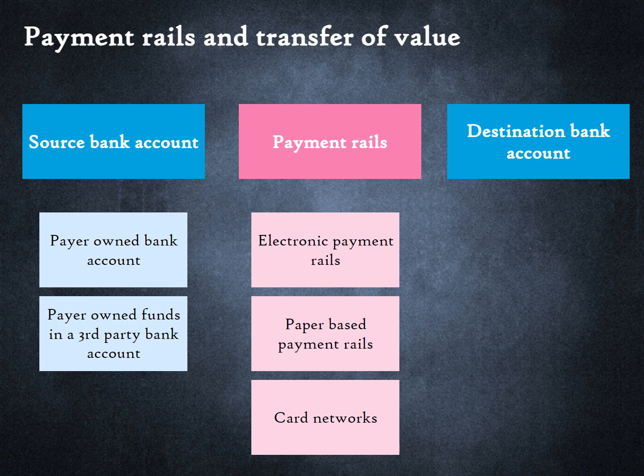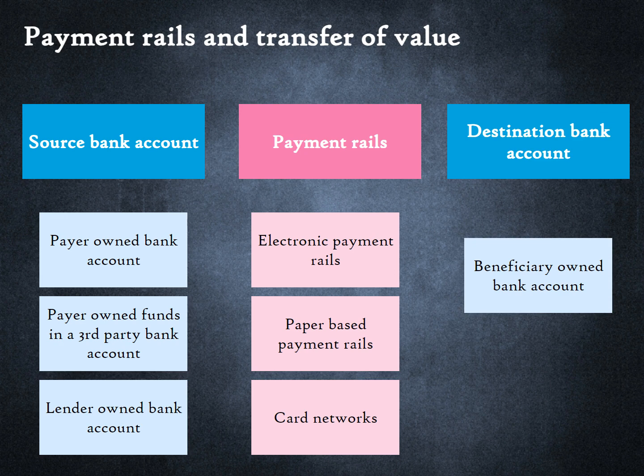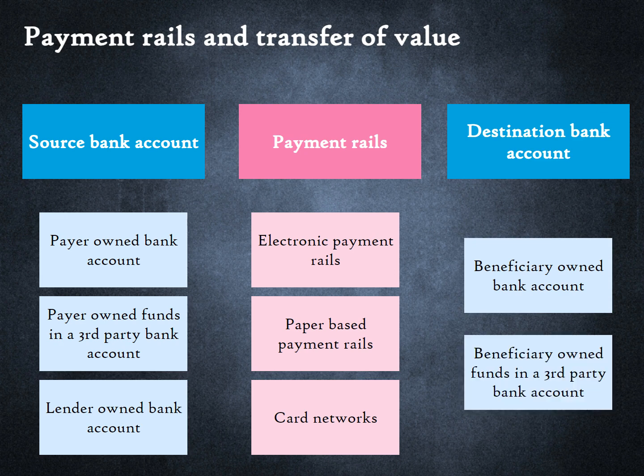Often, when we store funds in a digital wallet, those funds are held at a commingled bank account owned by the digital wallet provider. Finally, the funds being transferred may be held in the account of a lender like a credit card issuing bank. The destination bank account could be a bank account held by the beneficiary. Alternatively, the beneficiary may receive funds in a third-party owned commingled bank account held by a wallet provider. The payment rails connect the two.